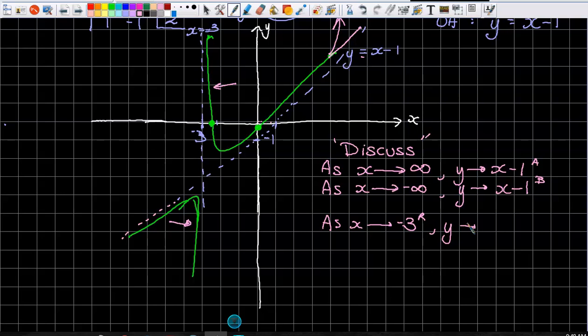Now, because it is not y equals there, it is actually going to infinity. And as x is approaching minus 3 from the left, coming this way, what's happening to the y values? That's it. And it'll be the same. Just look at the graph and describe it.